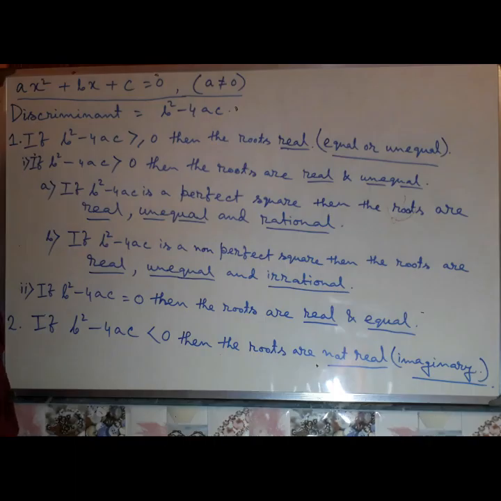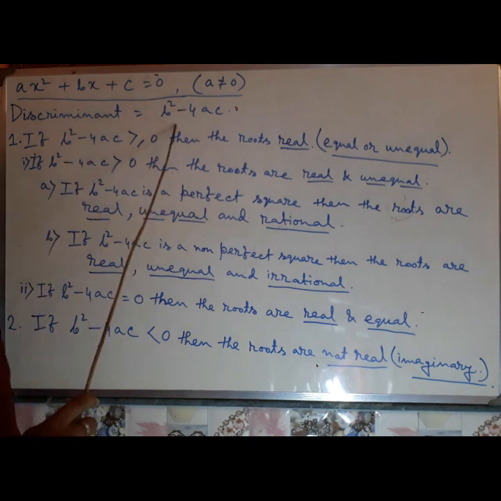Now we shall discuss the discriminant. Already we learned in the Siddharacharya formula or quadratic formula, if ax square plus bx plus c is equal to 0, then what is the value of x? That is minus b plus minus root over of b square minus 4ac by 2a. That term under the square root, that is b square minus 4ac, is known as the discriminant.